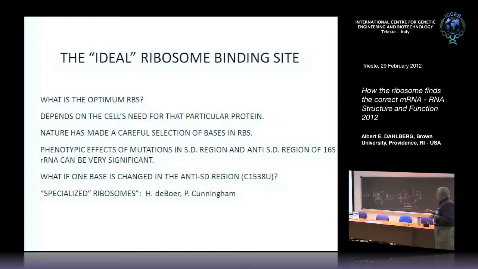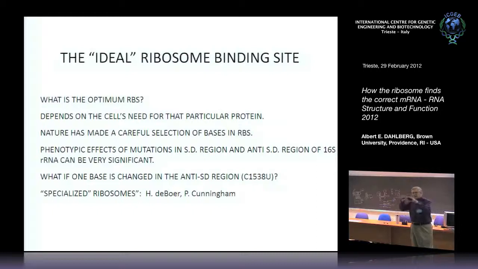What's the effect, however, if you make a mutation in the 16S RNA in the sequence that base pairs to the Shine-Dalgarno sequence? Can anyone? Okay. I always hated it when they asked me in class whether I would volunteer. Does anyone want to predict what would happen if you change a sequence in the ribosomal RNA anti-Shine-Dalgarno region?